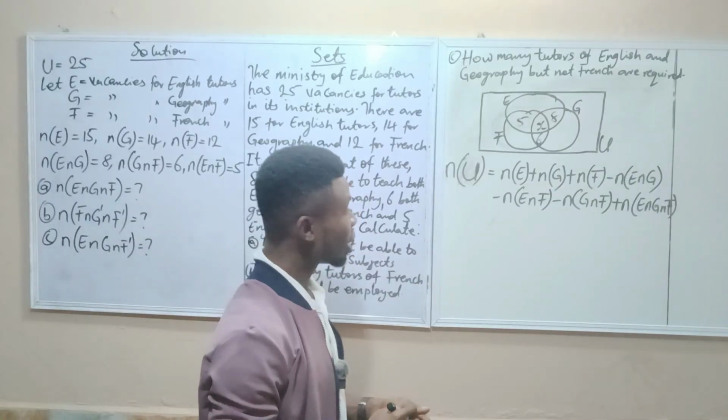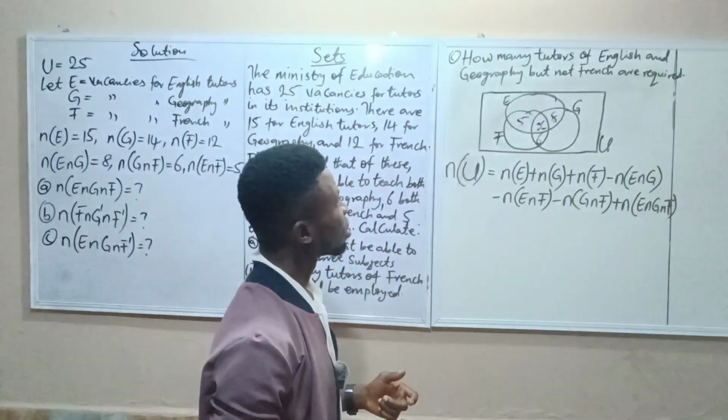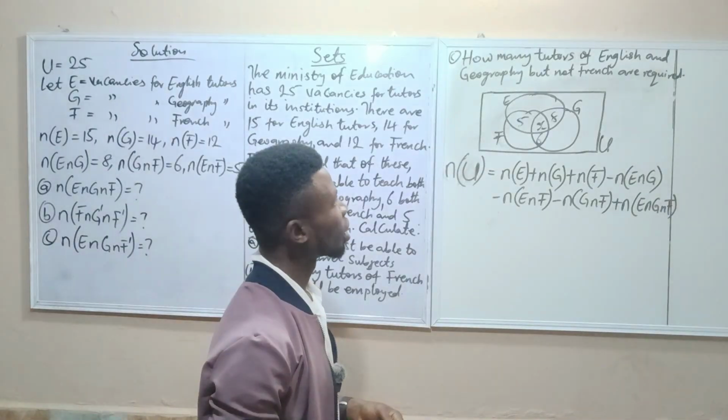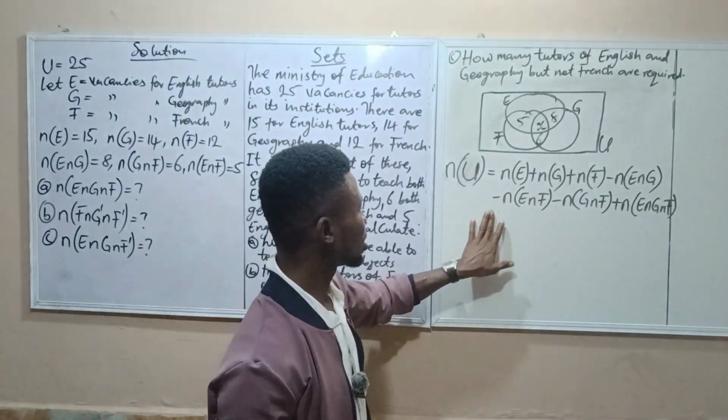If you don't know this formula yet, I think you need to go and watch our past videos on Venn diagram with 3 sets. If you go there, you'll get it.